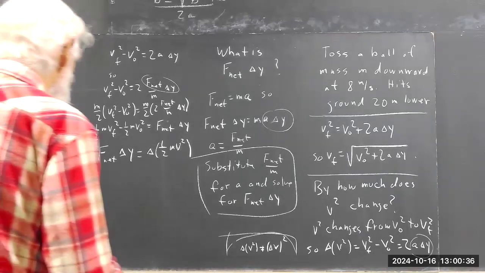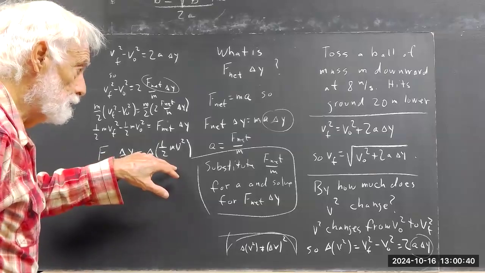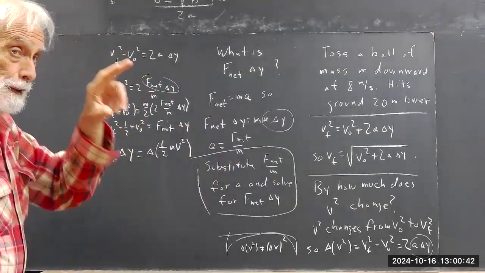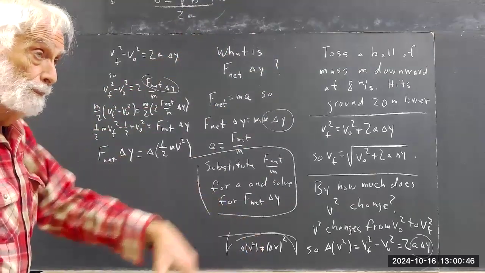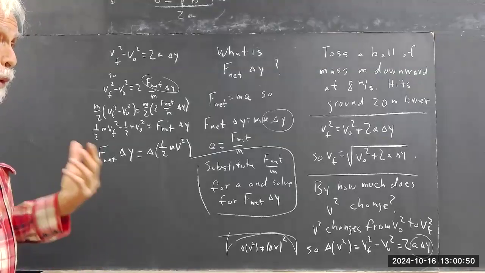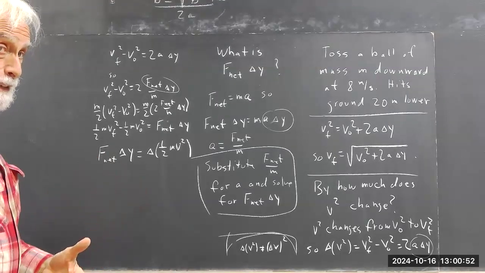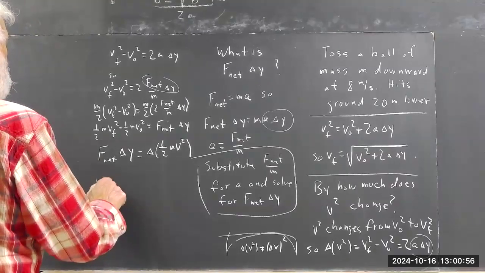Well, we got names for these things because this shortcuts a lot of calculation with the equations of motion. You replace the equations of motion with a simple concept of work and energy. The connection is this is work.